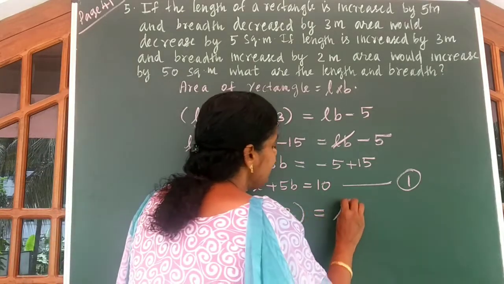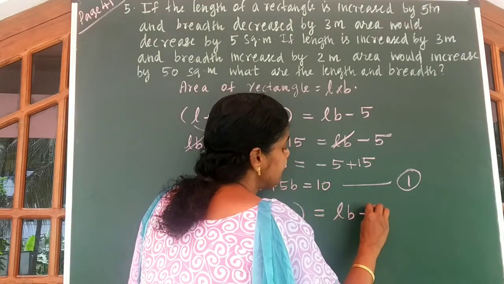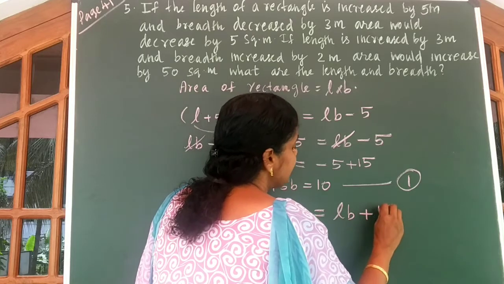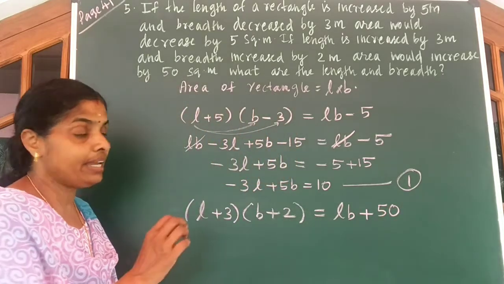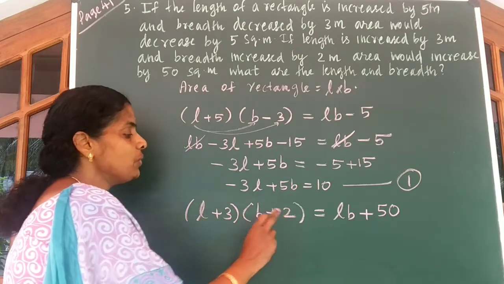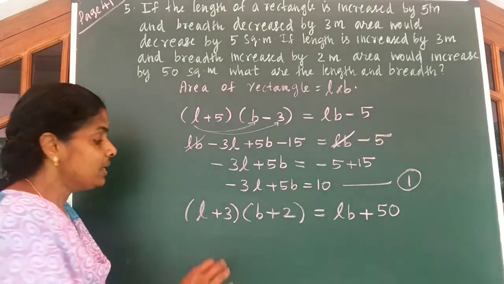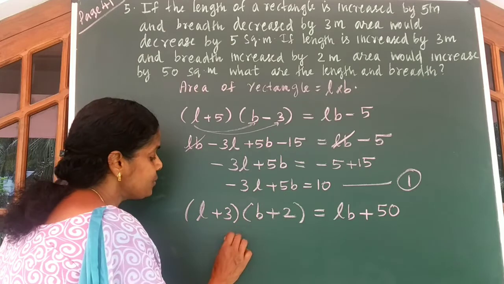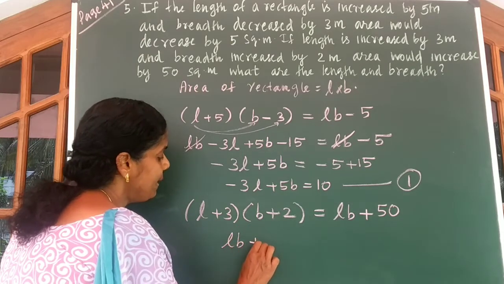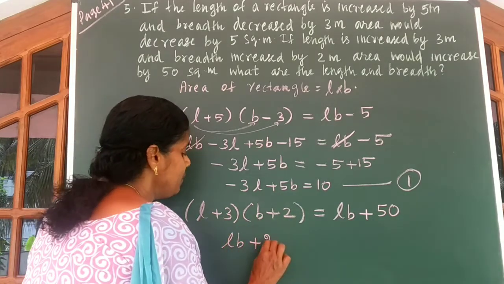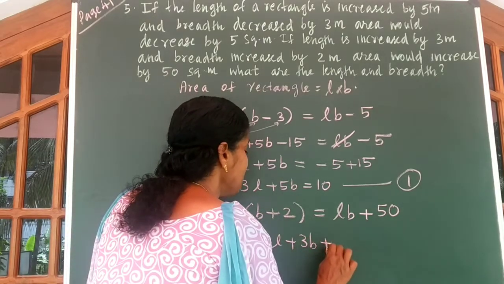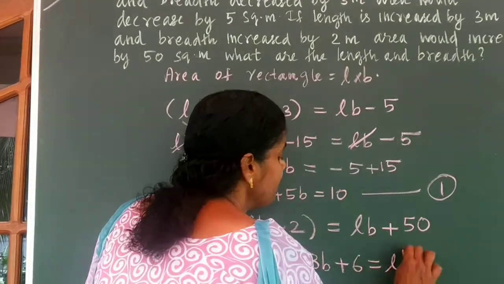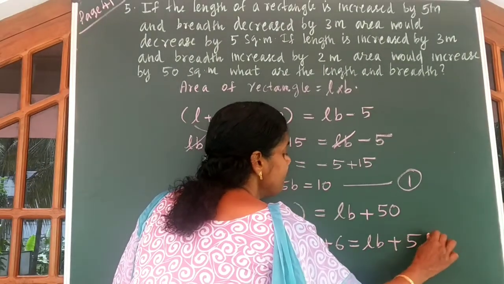So our area is length into breadth plus it should be increased by 50 square meter. Again write the equation using this. Okay, so you get L into B, LB, plus 2 into L, 2L, plus 3 into B, 3B, plus 6 is equal to LB plus 50.